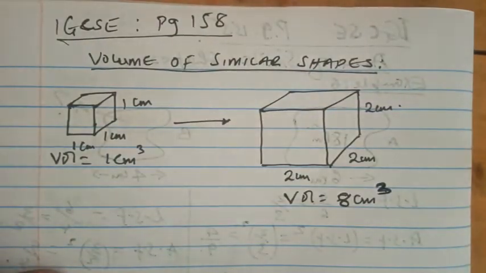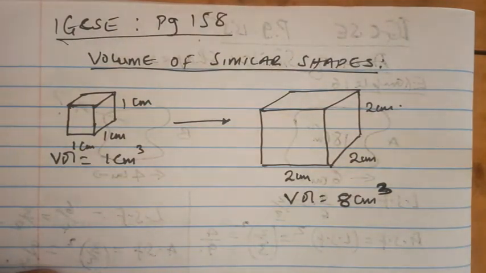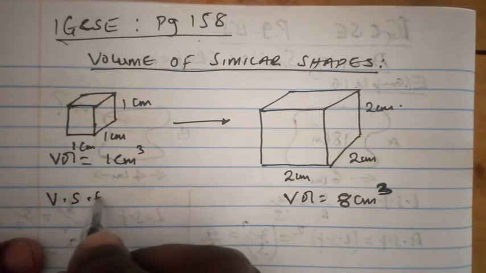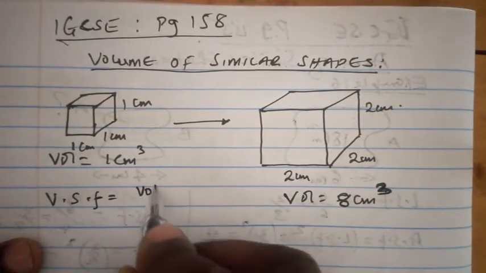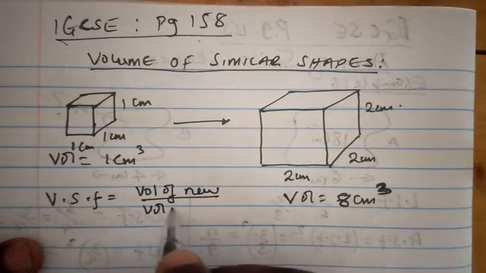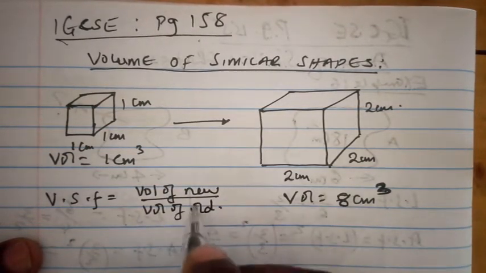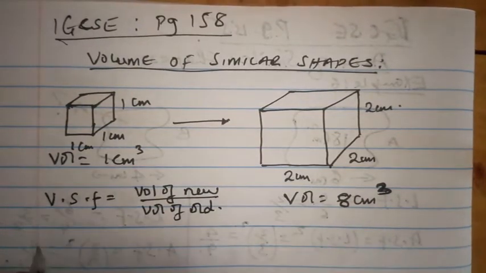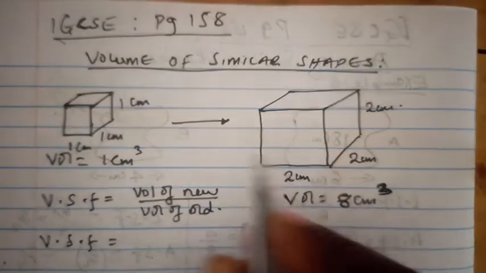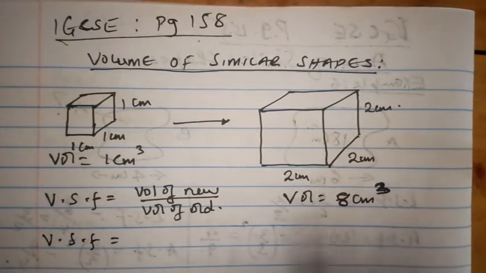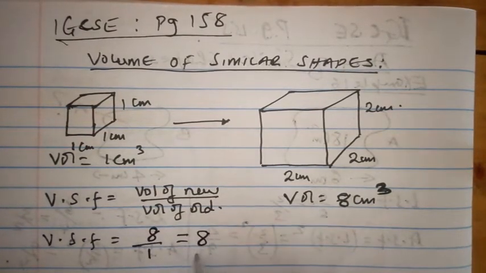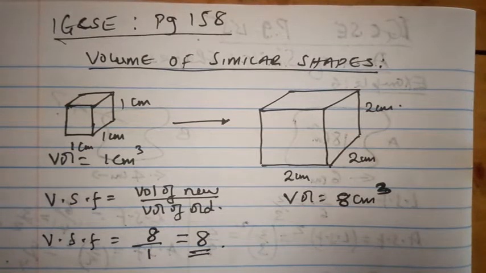I want us to talk about the volume scale factor. The volume scale factor is the volume of new over the volume of old or original. Meaning that in this particular example, you will take the volume of new to be 8 all over 1, which is 8. That is the volume scale factor.